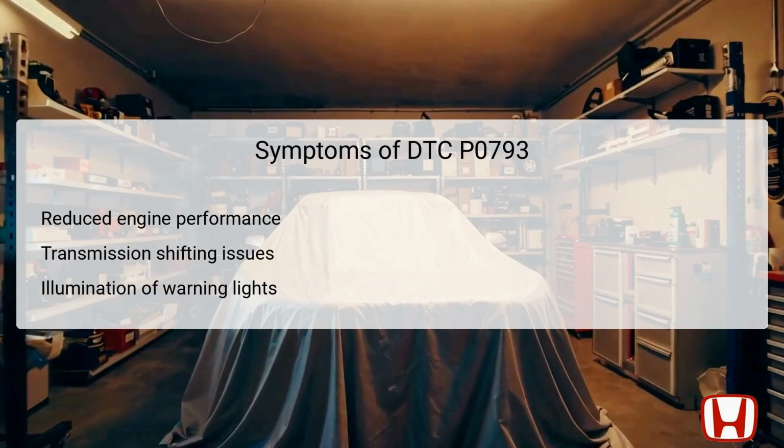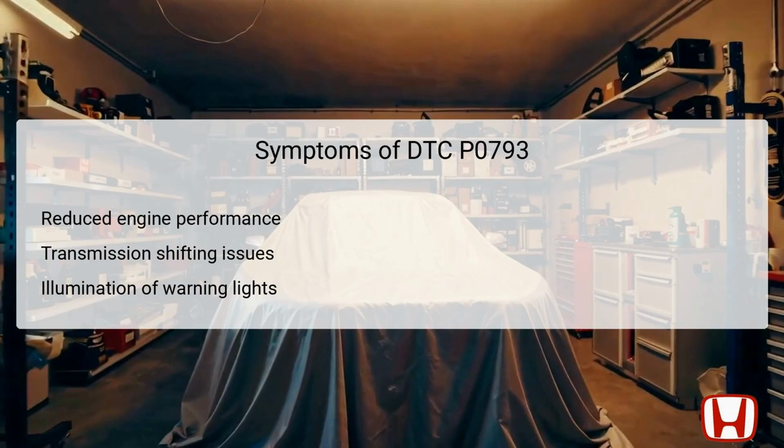When encountering DTC P0793, vehicle owners may observe several symptomatic issues that can affect driving performance. One of the most common symptoms includes reduced engine performance, as the system may limit power to protect the transmission. This can lead to sluggish acceleration and an overall decrease in responsiveness while driving.